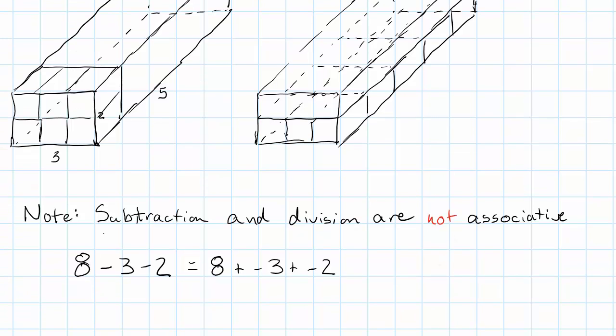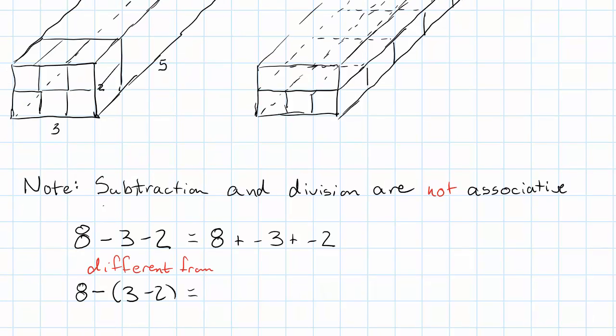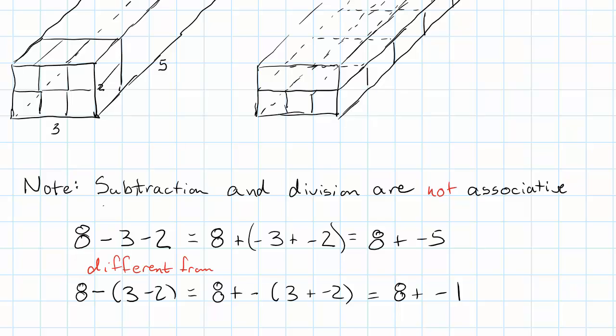But that's different from 8 minus (3 minus 2), because that's 8 plus the opposite of 3 plus negative 2, so that's 8 plus negative 1. This would be, if I decided to put my parentheses here, 8 plus negative 5. The key idea is it matters what you're taking the opposite of.